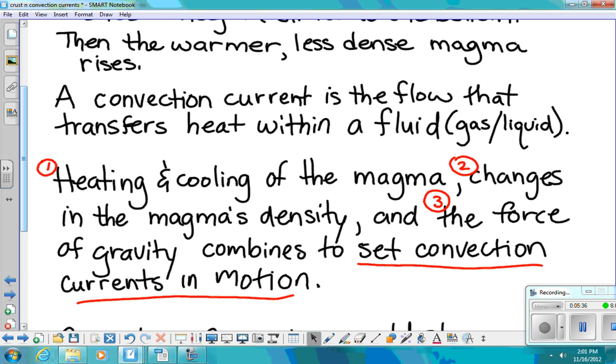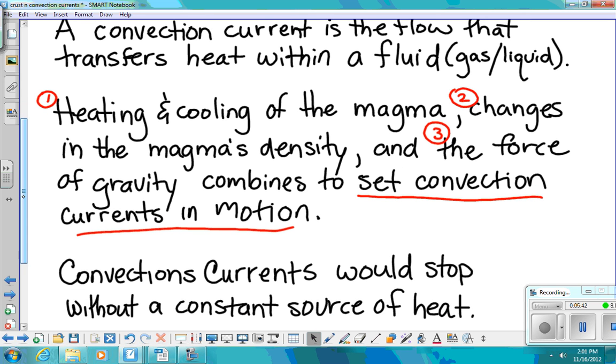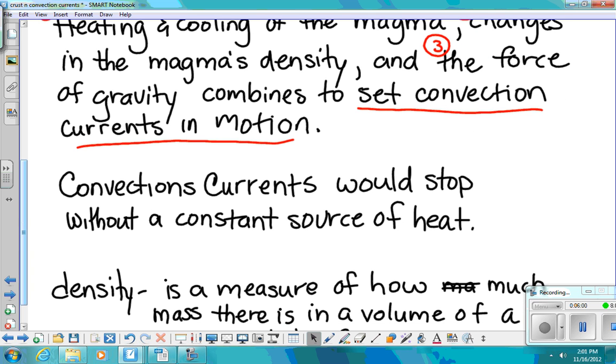And a fluid, we've talked about before, is either a gas or a liquid. So here's the process. Number one, there's a heating and cooling of the magma. Those changes in the magma change the magma's density. And the force of gravity combines to set convection currents in motion. That starts to make them spin.